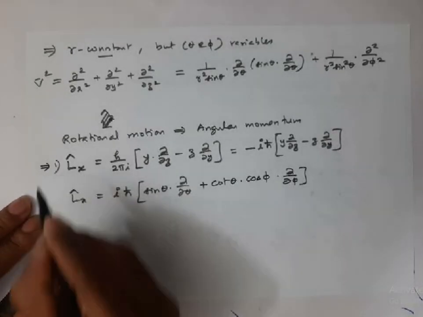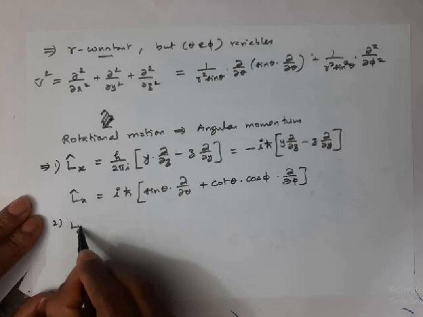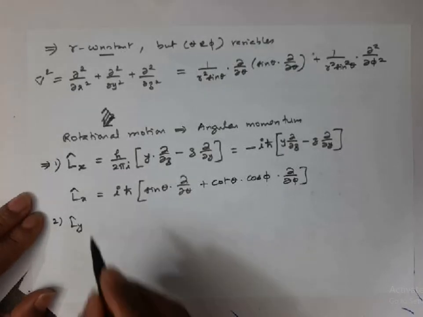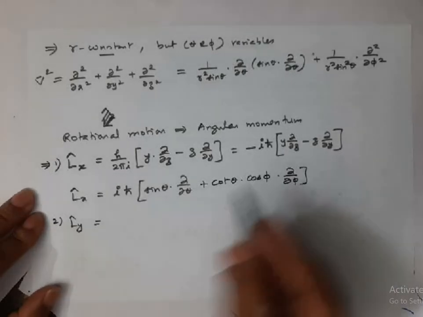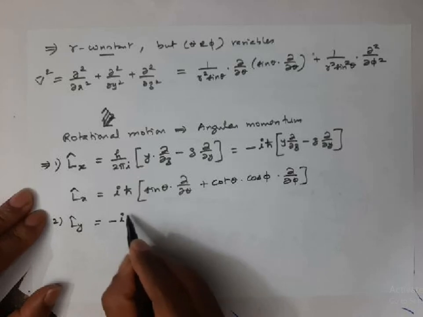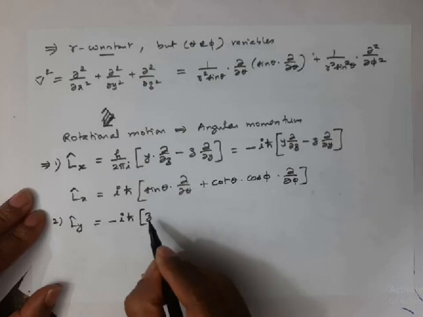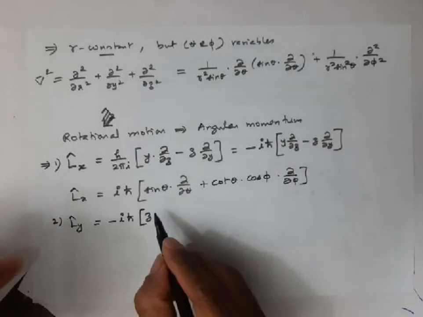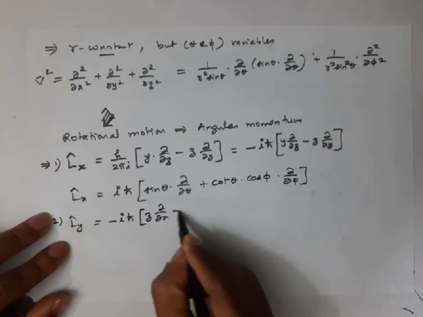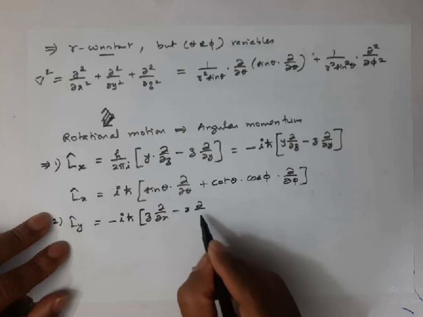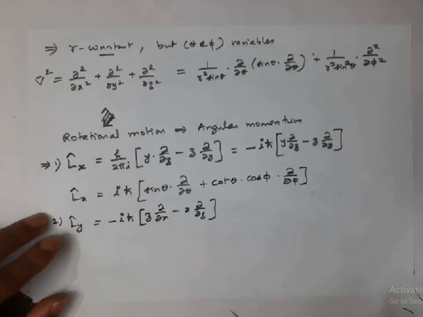Similarly, the y component of the angular momentum operator in Cartesian coordinates is given as i h bar into, we have y here, so we should write z first, z ∂/∂x minus x ∂/∂z.